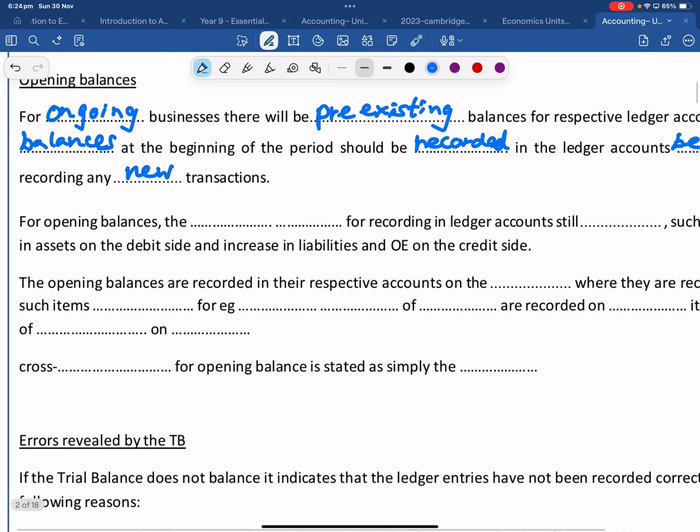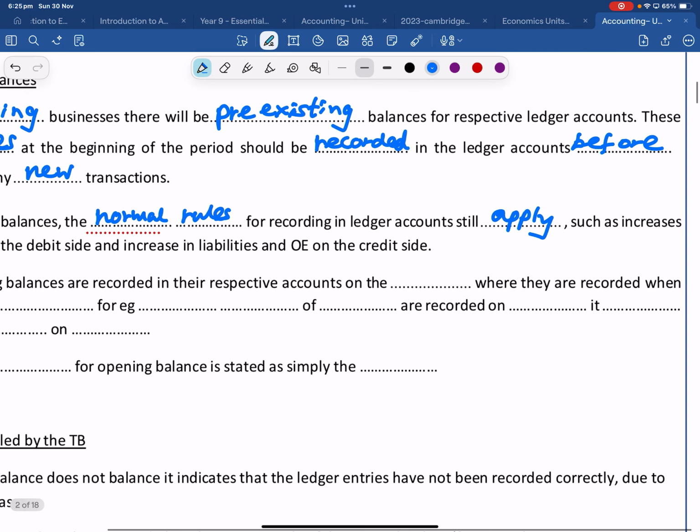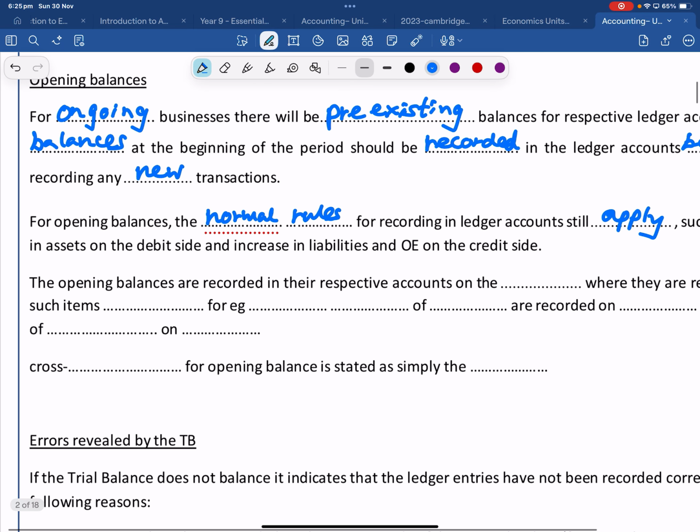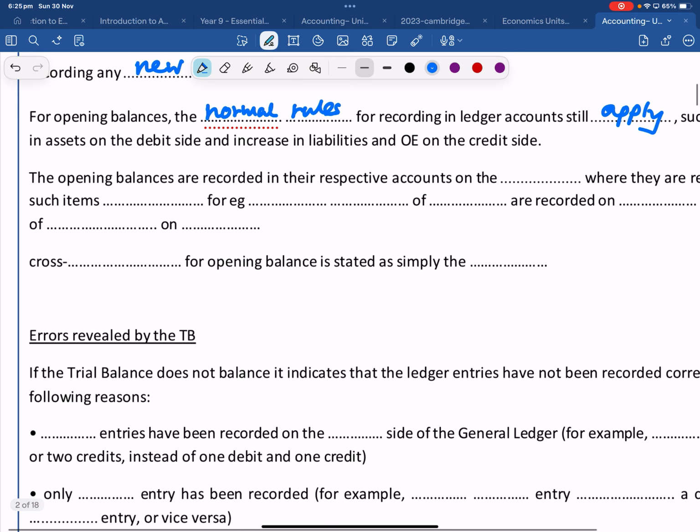For opening balances, the normal rules for recording ledger accounts still apply, such as increases in assets on the debit and increase in liability and OE on the credits and so on.